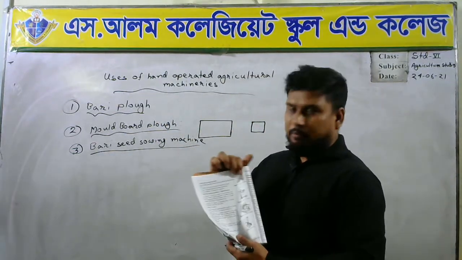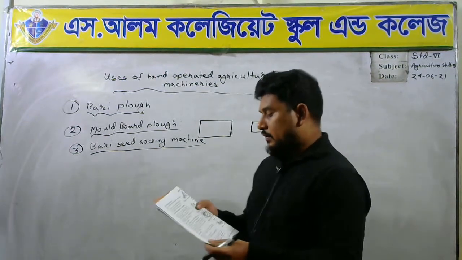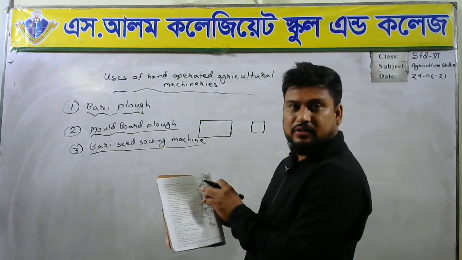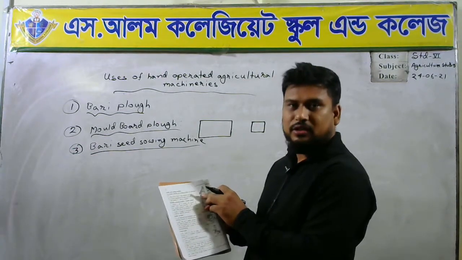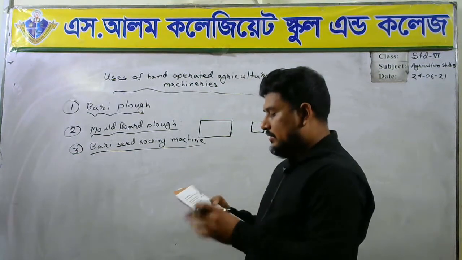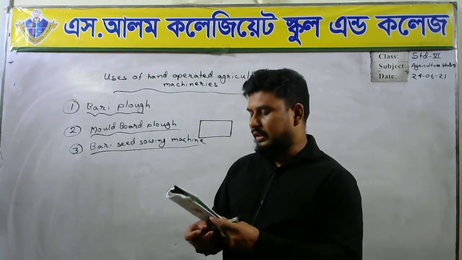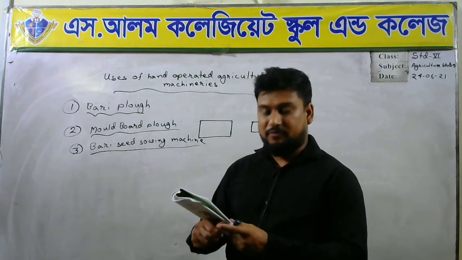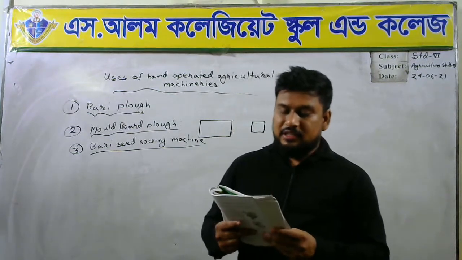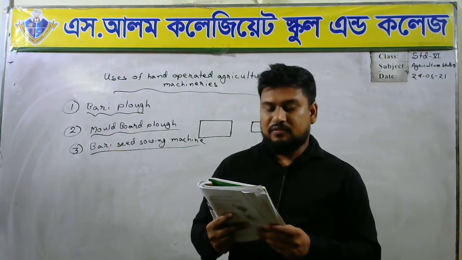Dear students, look at the picture. It has 3 wheels like a rickshaw. It is a hand operated seed sowing machine. Its advantages are seeds can be sown at the right distance and depth. By each seed, germination becomes good and a smaller quantity of seeds is required.